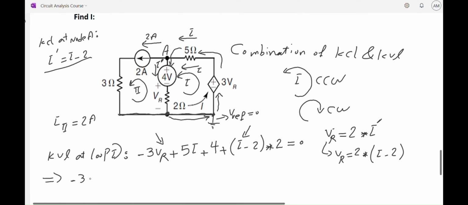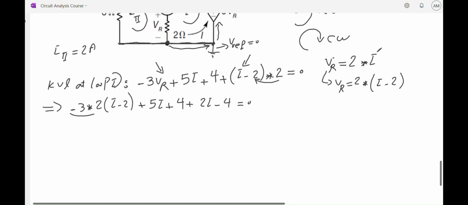Negative 3 times VR, which is 2 times I minus 2, plus 5I, plus 4, and let me just extend these 2 into this parenthesis, would be 2 times I minus 4 equals 0. Oh my god, I have one equation and one unknown. Can I figure out I? The answer is yes.